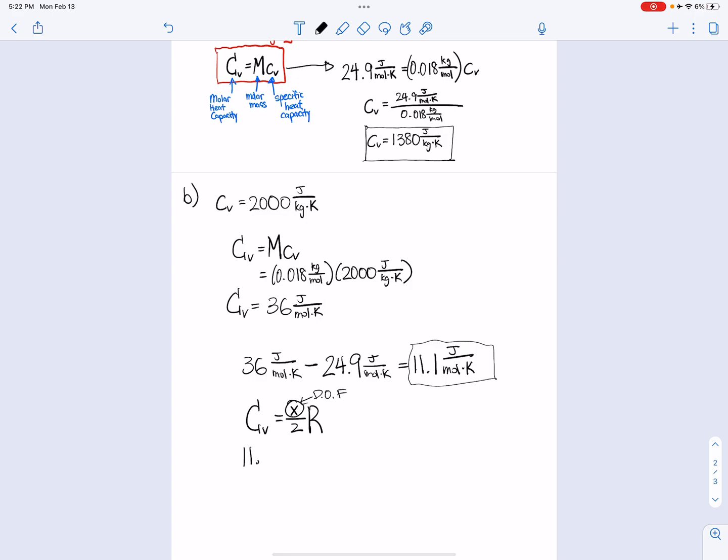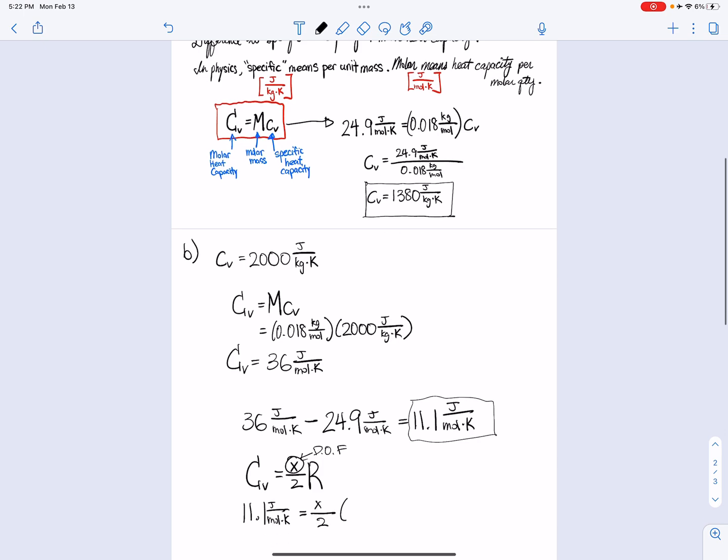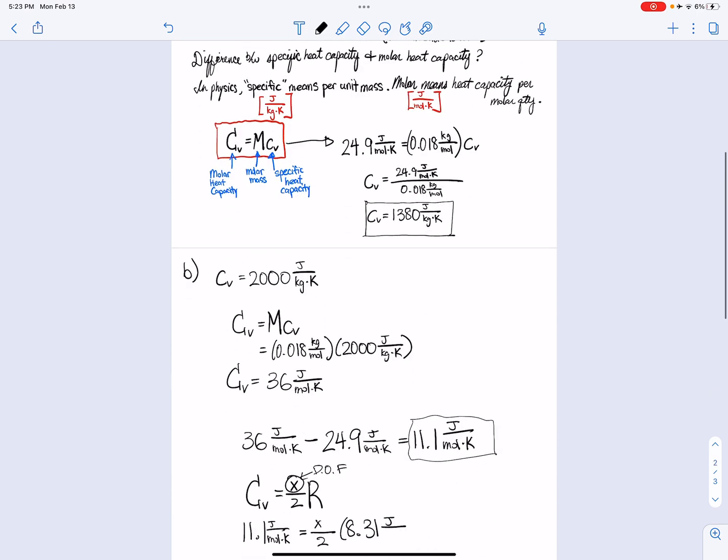So 11.1 joules per mole times Kelvin is equal to x over 2 times R. R is 8.31 joules per mole Kelvin.